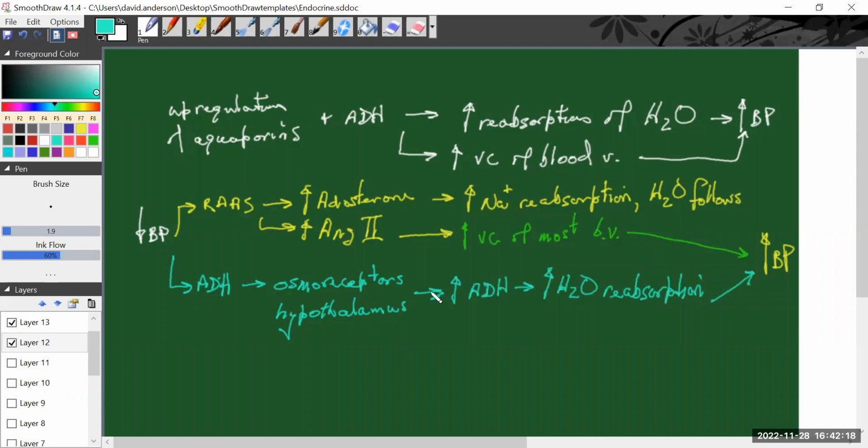Increases blood pressure, and we know it does that as well. Whoops, let me take that arrow. That's in the wrong spot. We want this one there, and the increase in ADH is what stimulates that. So we see two distinct pathways that are going to respond to a decrease in blood pressure.